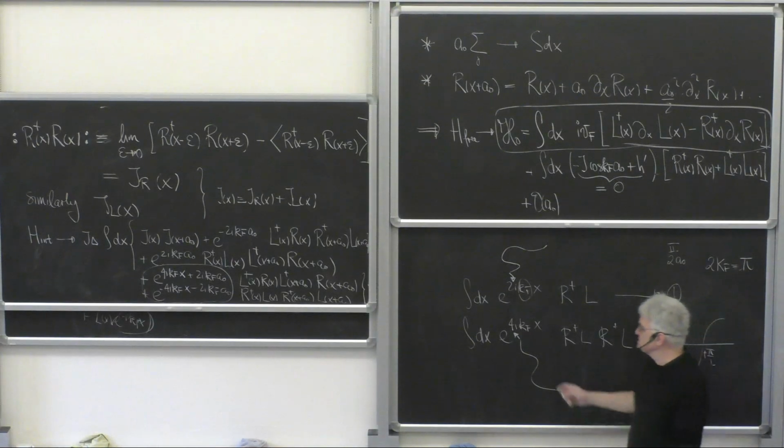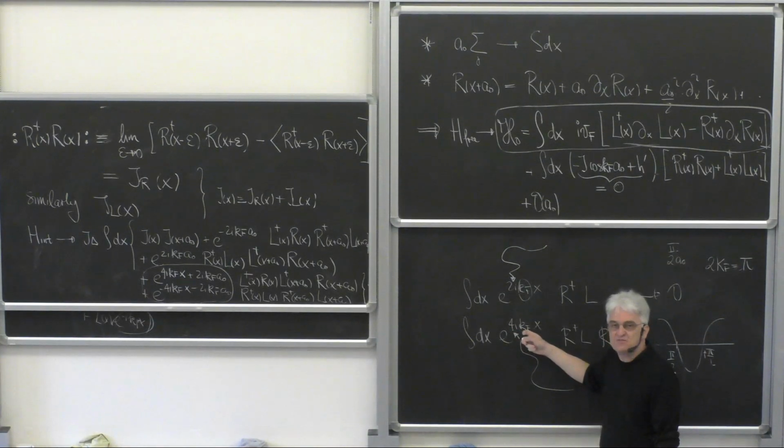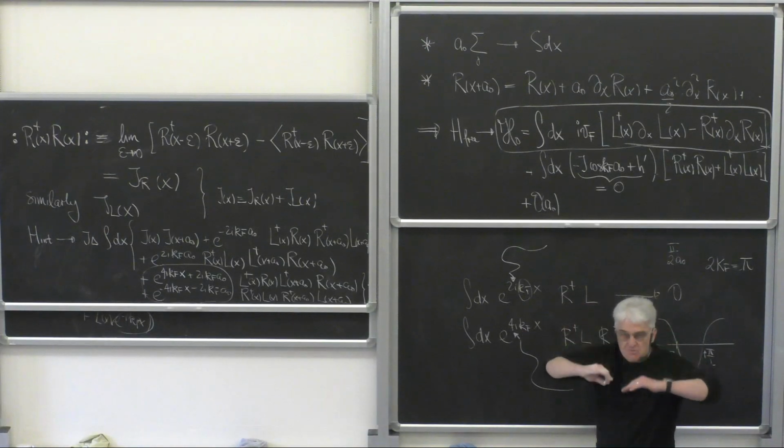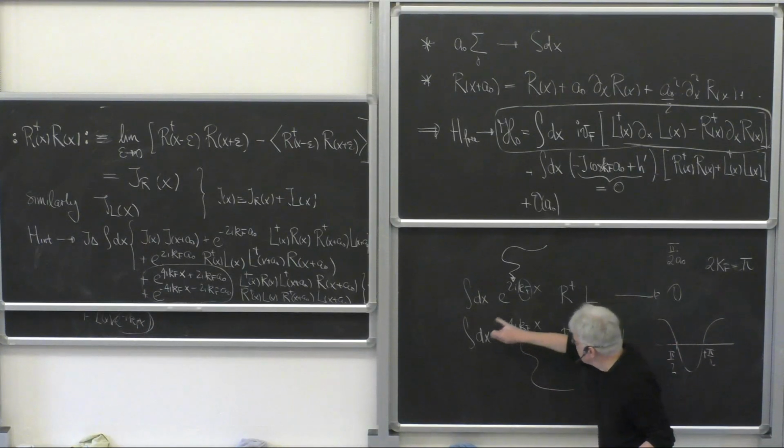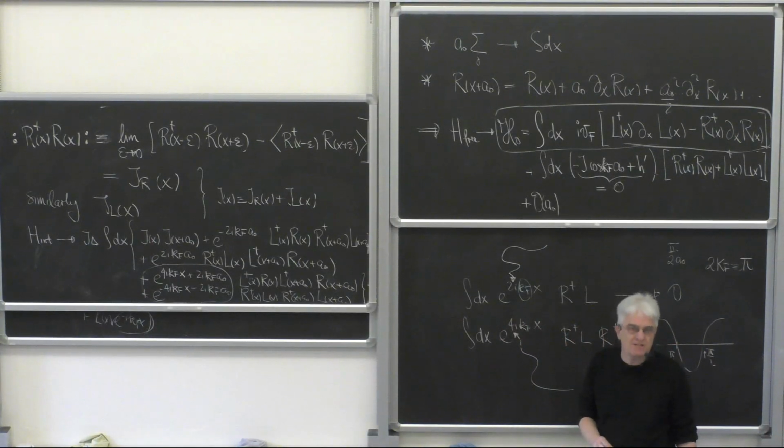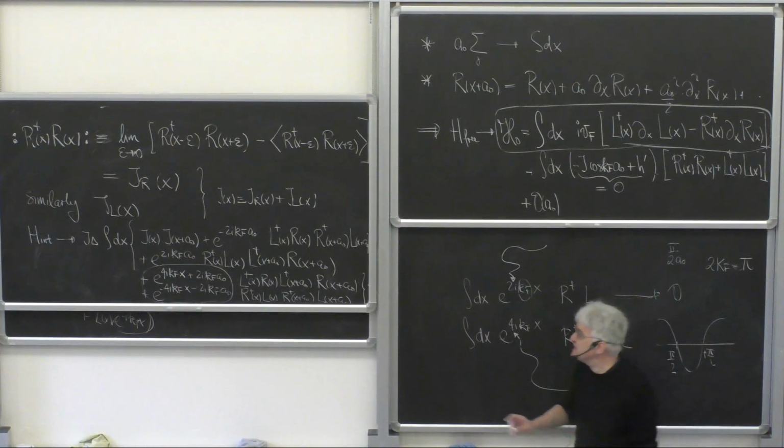So 4kF, I have to be careful. I cannot just drop it, because if I'm in zero magnetic field, 4kF is literally 2 pi, in which case this factor is literally 1. Okay, so that's why I kept it.